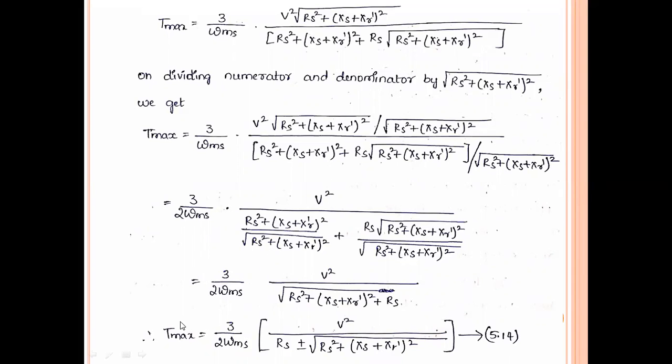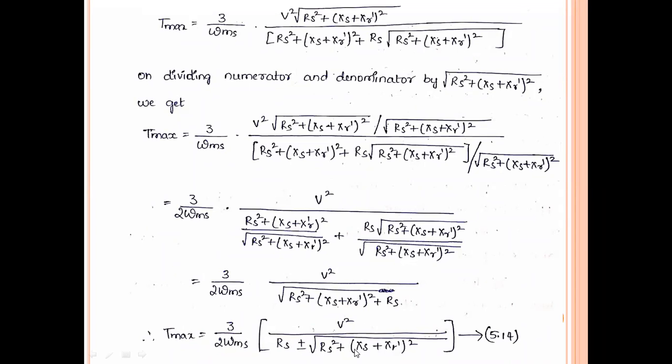In the previous class, we have seen the maximum torque equation, which is equation 5.14. This maximum torque is independent of slip, and also independent of rotor resistance.